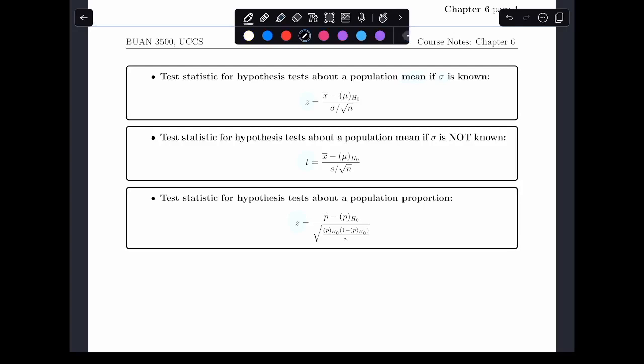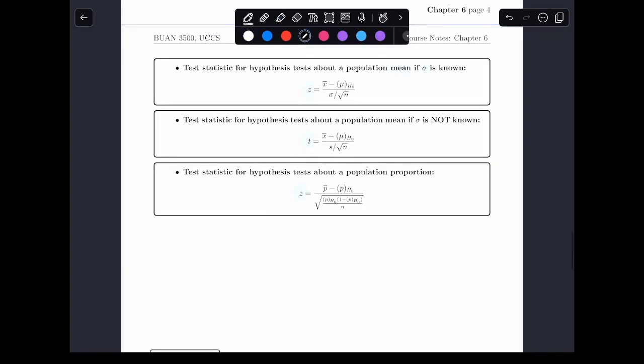So an example of how this would come up, let's say that my null hypothesis is that my mean is at most 7. Then my alternative hypothesis would be that the mean is bigger than 7. That would be the opposite. And let's say that I'm in this situation where I know the population standard deviation.